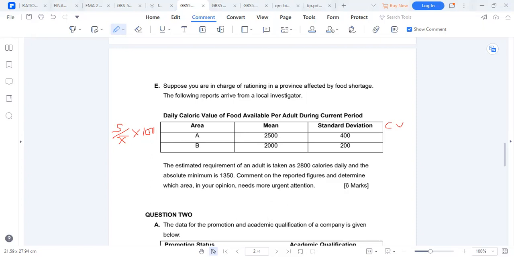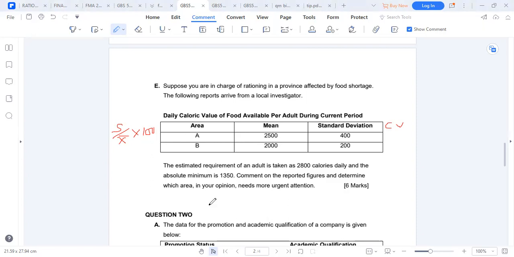Yes, sir. Okay. So what do you make of the 16 and the 10? Which one has a higher coefficient of variation? A.